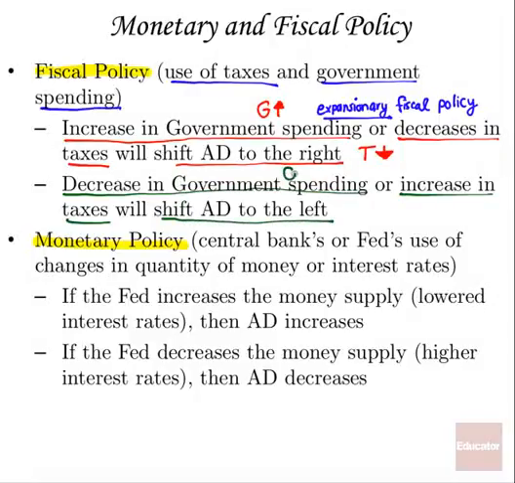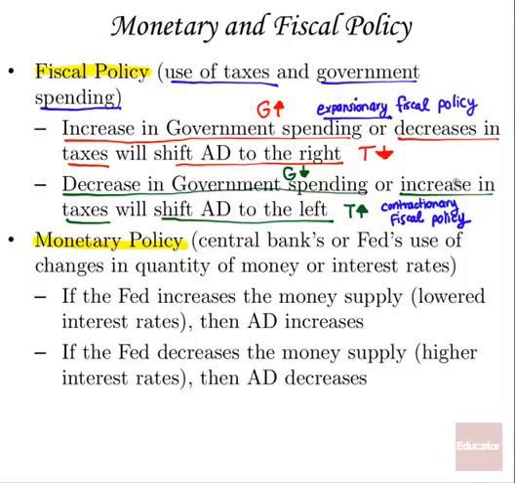Again, very intuitive. Instead of expansionary fiscal policy, you have contractionary fiscal policy, because the whole point is to contract the economy for whatever reason. Maybe there's a problem with inflation, then you have contractionary fiscal policy as a result.